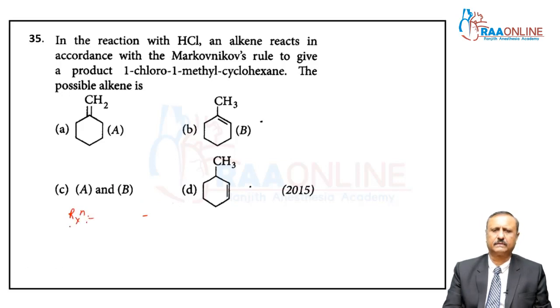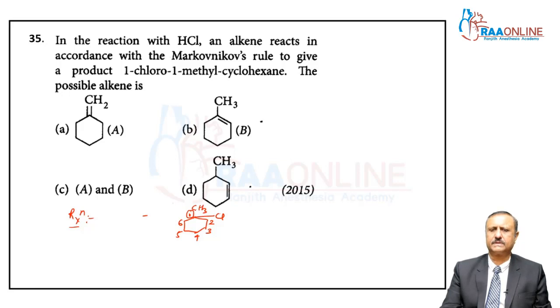Here we can see this 1-chloro-1-methyl cyclohexane. This is the 1-methyl and here this is the 1-chloro. Here this is the first carbon atom, my dear students, 1, 2, 3, 4, 5 and 6.